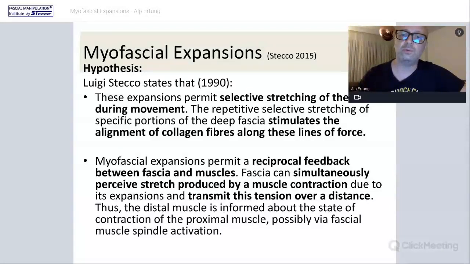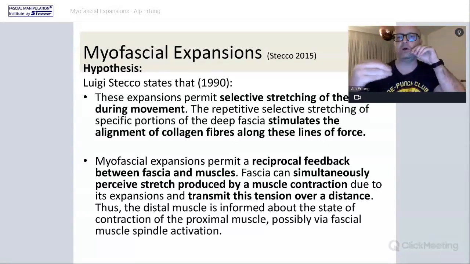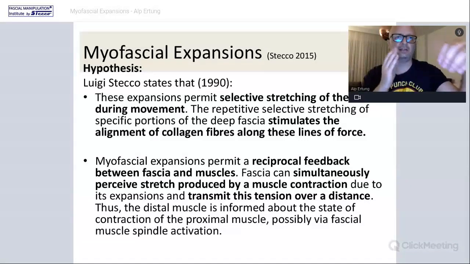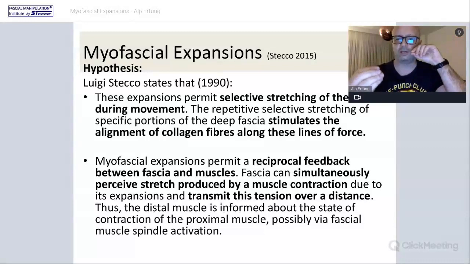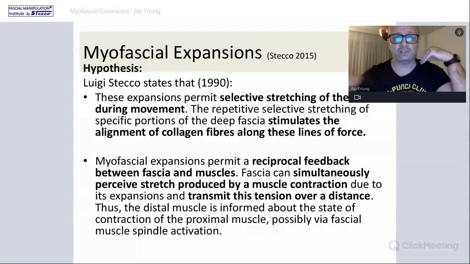This is another important subject, which explains how we can relate all the muscles which are creating a movement in a specific direction. The aponeurotic fascia, by the help of these myofascial expansions, creates this relationship, transmitting the tension over a distance.